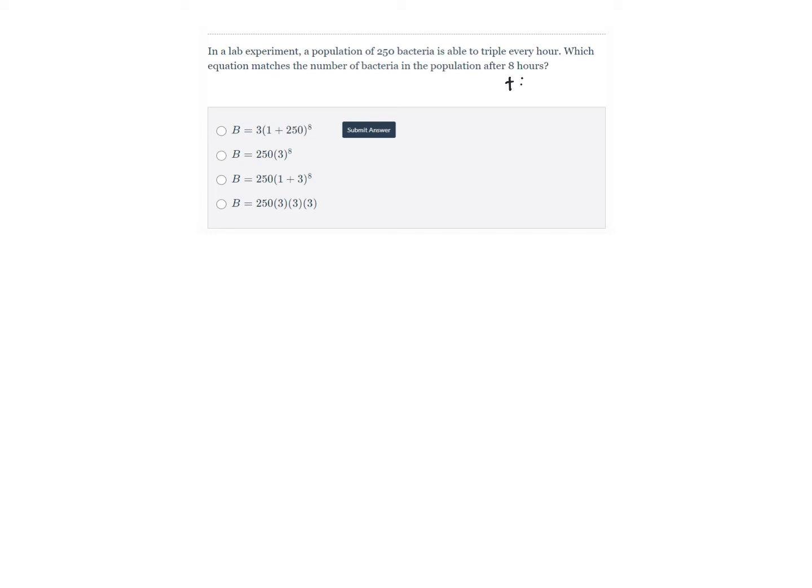T is 8. And apparently they're not using y, or we'll start with y, okay? So following the format, the starting amount is 250. There goes something in the parentheses, and instead of t here, we're going to put 8, because we know what the time is.